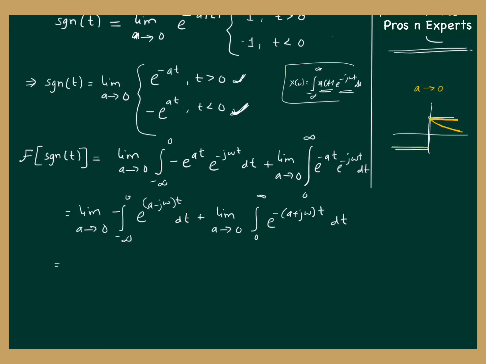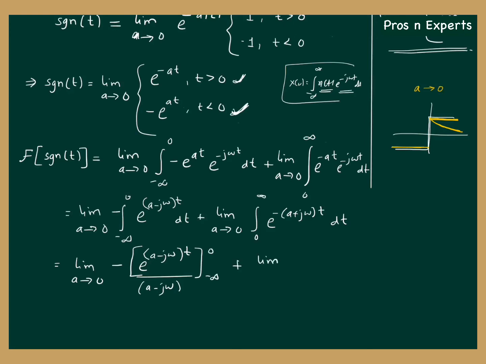So this is equal to, now I can integrate limit a tends to 0 minus of, what is the integral of a minus j omega into t? It is e raised to a minus j omega into t divided by a minus j omega within the limits minus infinity to 0. Right.